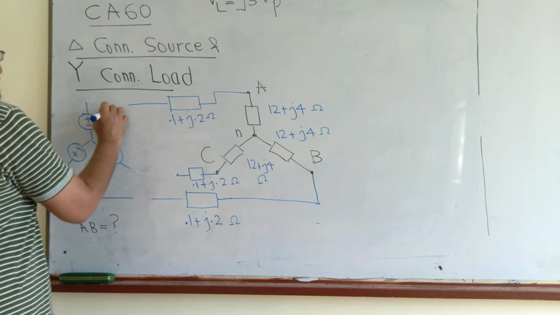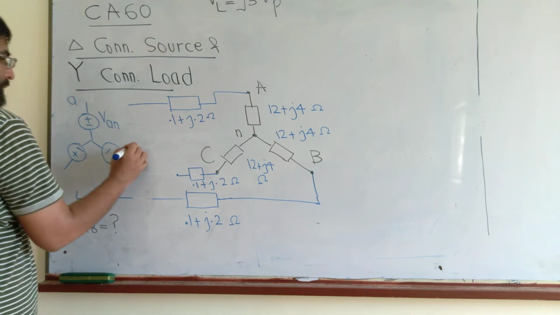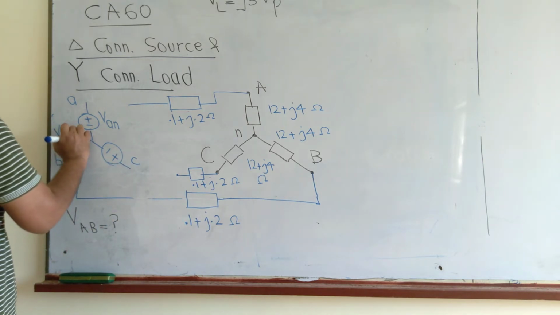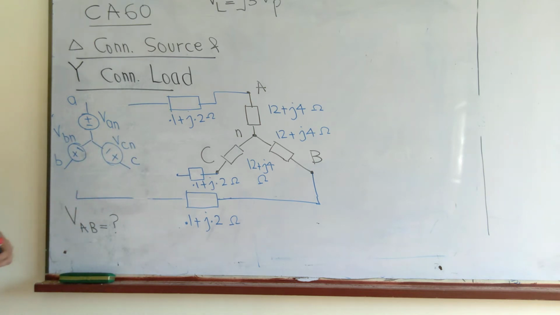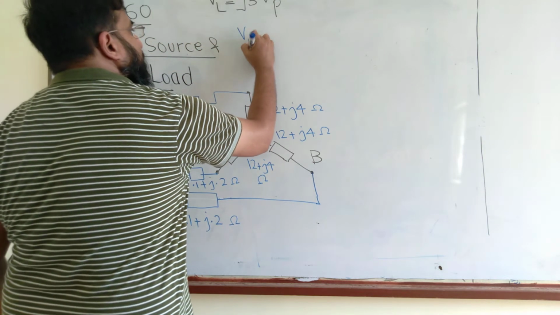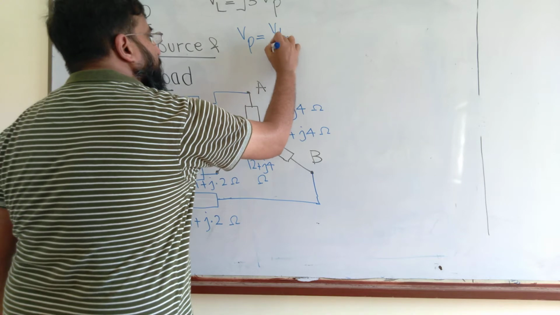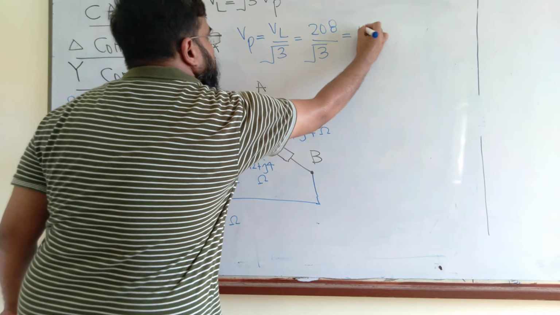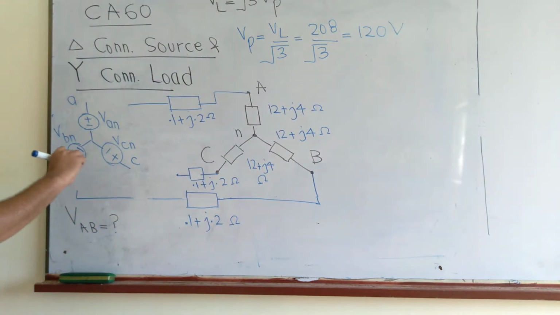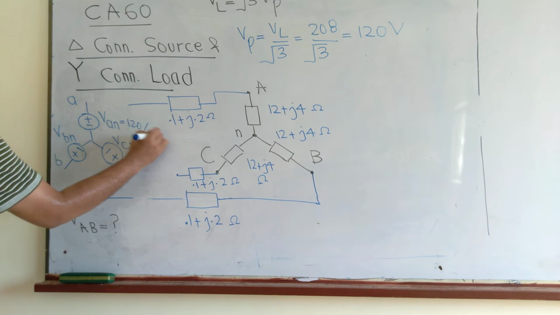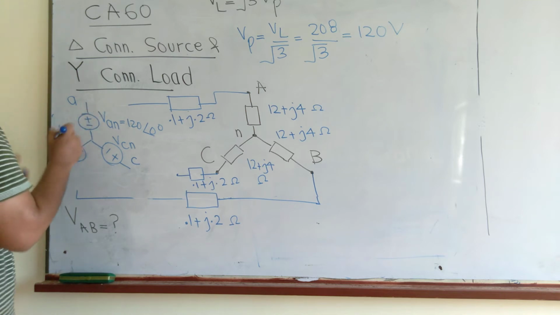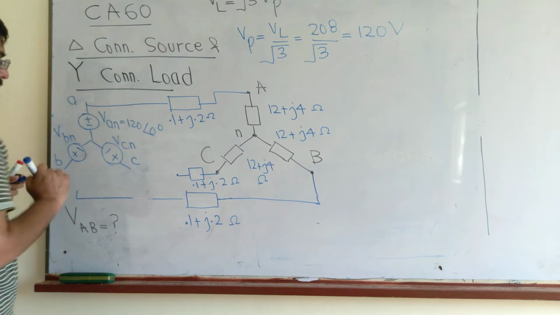If this is terminal A, this is terminal C, this is terminal B, VAN, VBN and VCN would be the phase voltages instead of line voltages, and the value would be root 3 times smaller. So V phase is VL over square root of 3. If we put 208 here and divide by square root of 3, it gives us 120 volts. So VAN is 120 at an angle of 0, VBN is 120 at an angle of minus 120, and VCN at an angle of minus 240.